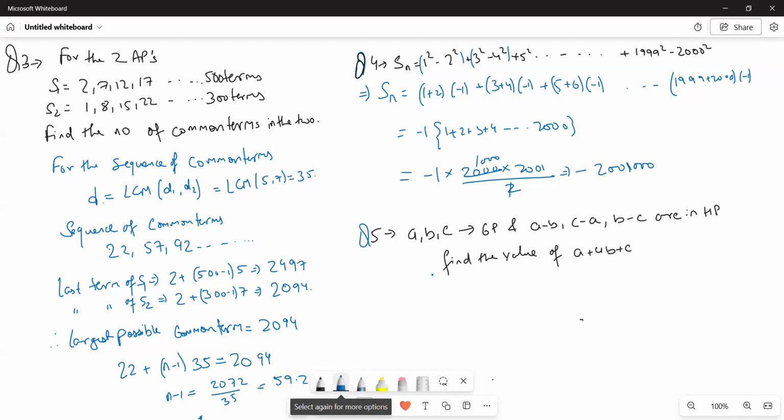So since A, B, C are in GP, we can take B as some AR and C as some AR square. And A minus B, B minus C, C minus A being in HP implies 1 by A minus B, 1 by C minus A, 1 by B minus C is in AP.